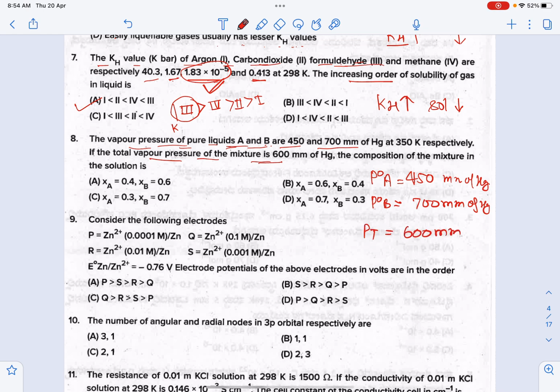Okay, now we know the formula from Raoult's law.